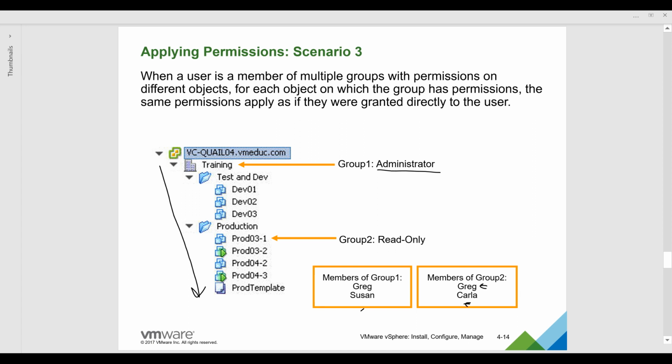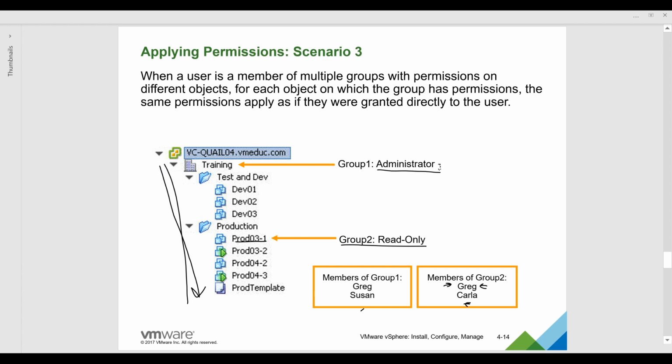Carla can't do anything in this data center but on prod 031, and the only thing Greg can do is read only. But why is Greg an administrator over the whole group, but he can only do read only? That's where it becomes the higher level object, except for the virtual machine that Greg gets the read only access to.